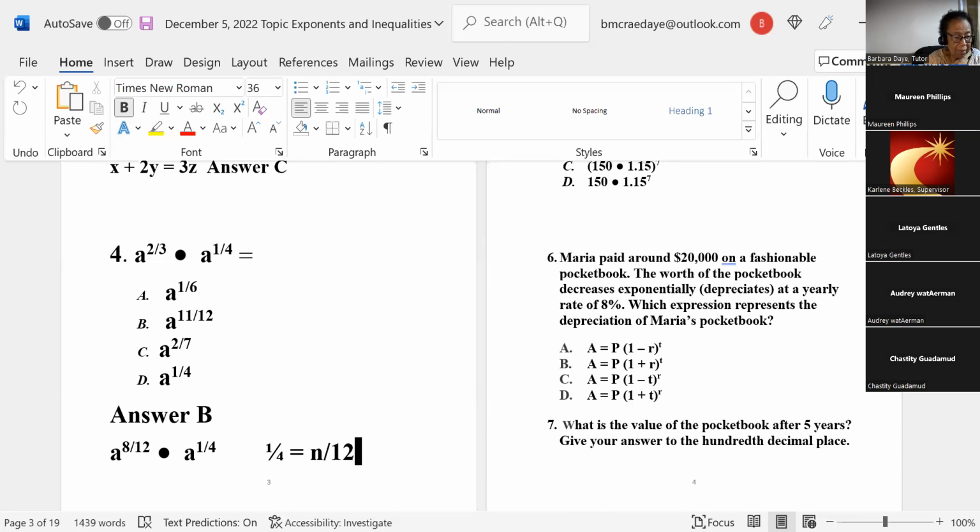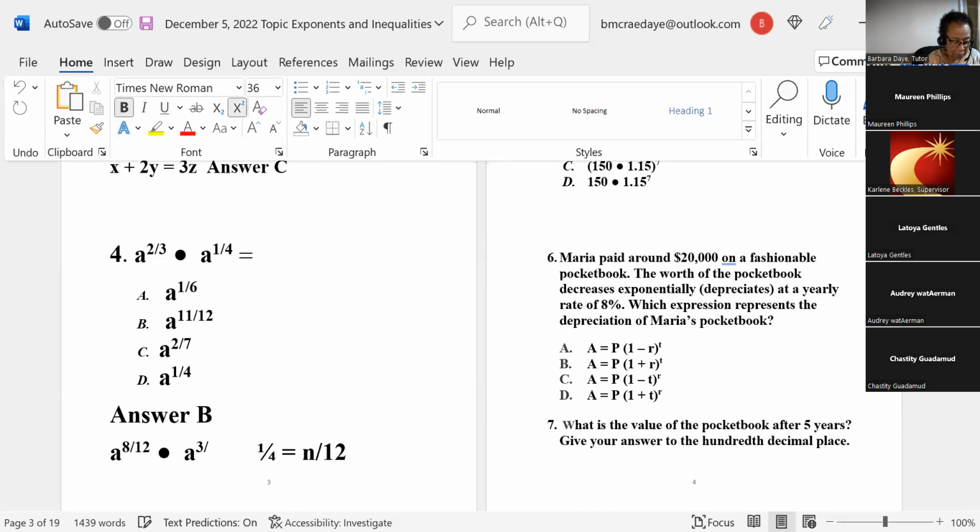What is n? How do you go from 4 to 12? What do you multiply by? 4 by 3 is 12. So 3 times 1 is 3. So 1 over 4 becomes 3 over 12.